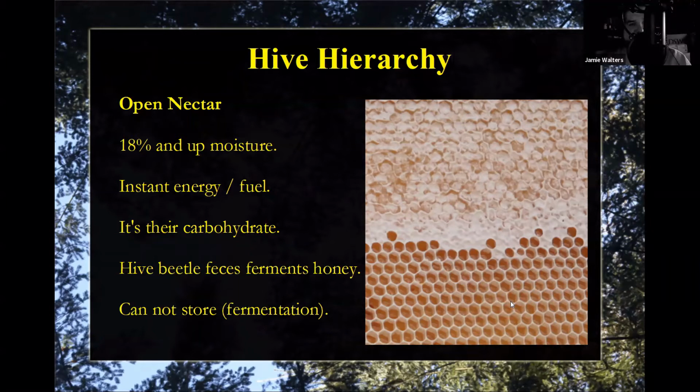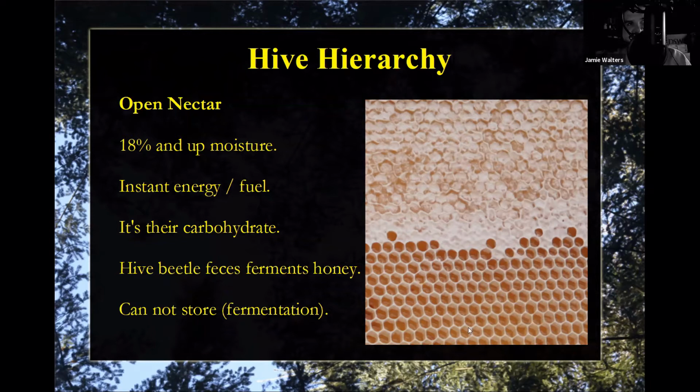What happens is there's an enzyme called invertase. Invertase is the chemical in their stomach that breaks down the sucrose into fructose and glucose, which converts it into honey.